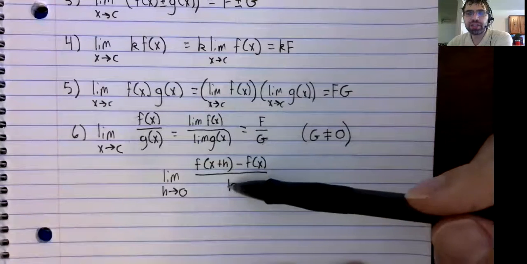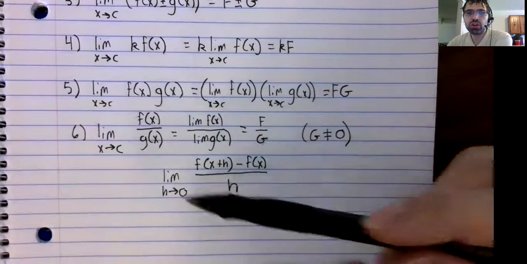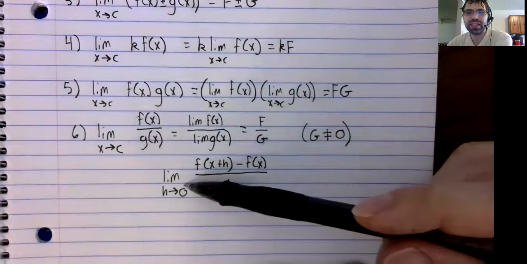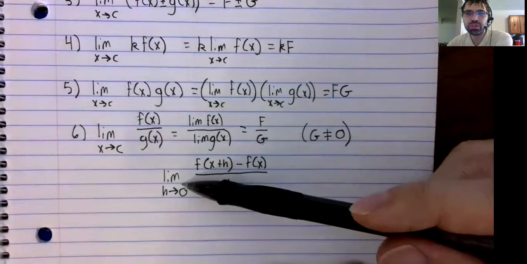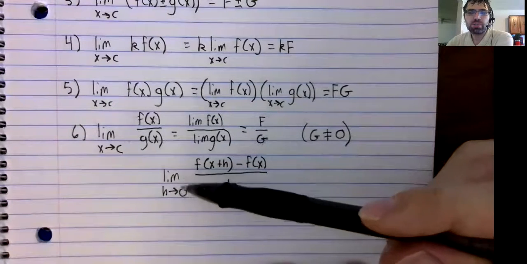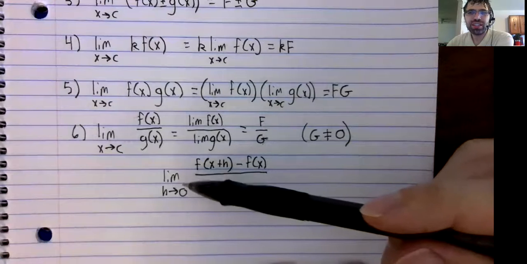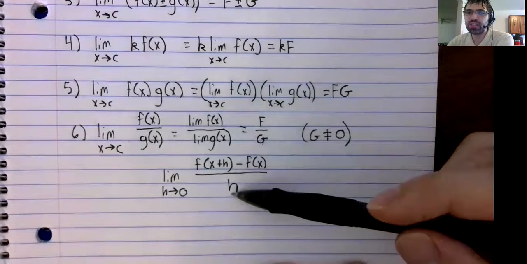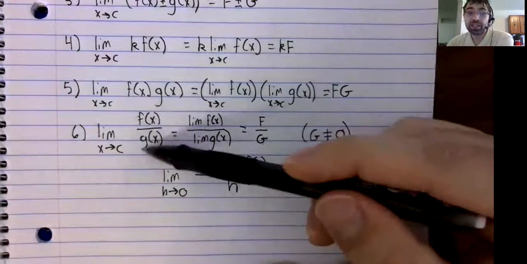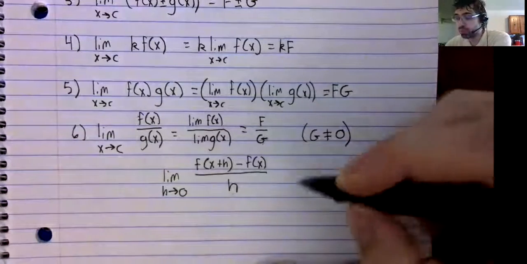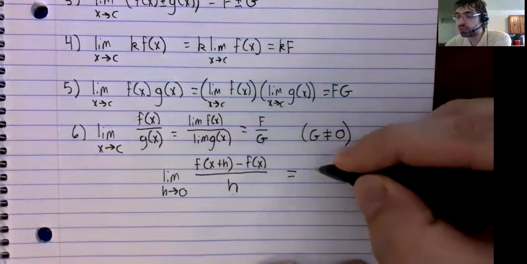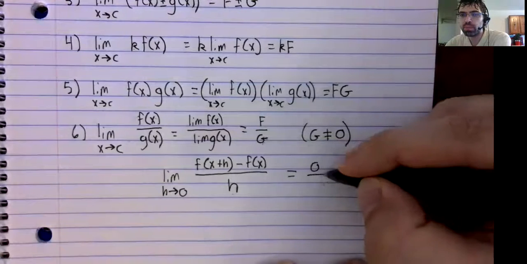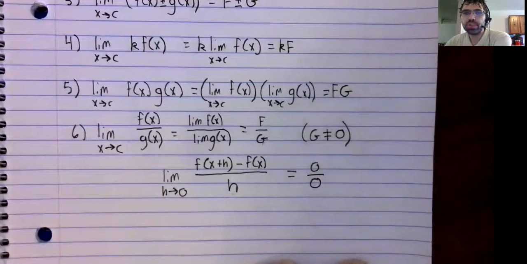It's an average rate of change turning into an instantaneous rate of change. It's one of the most important definitions in calculus, and it's a fraction, but we can't use this rule because if we tried to use this rule, we would get a division by 0 error.